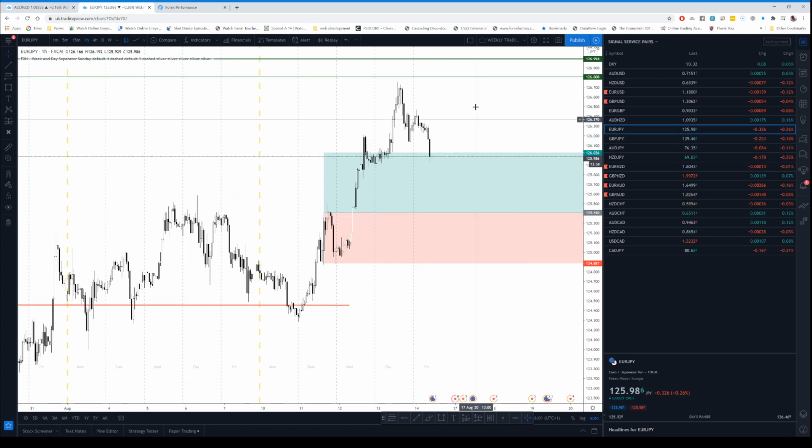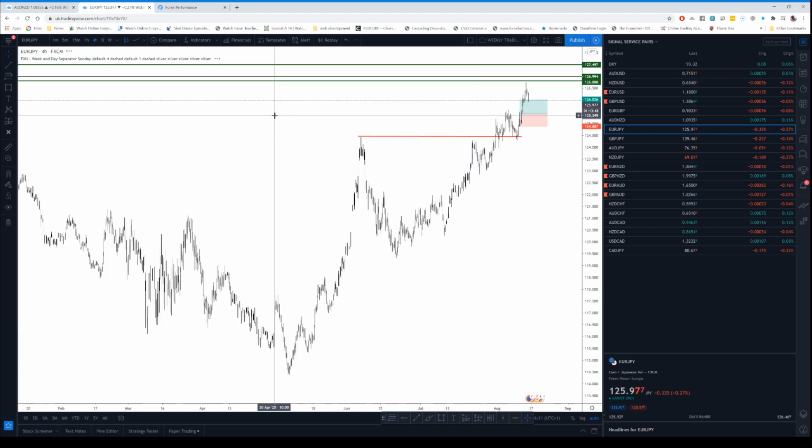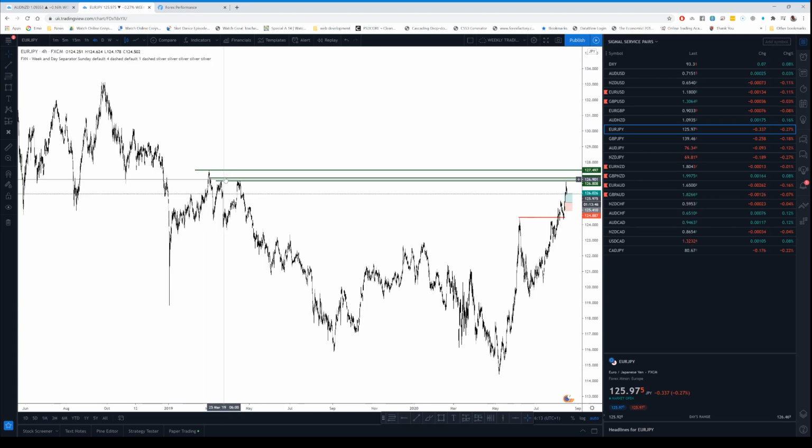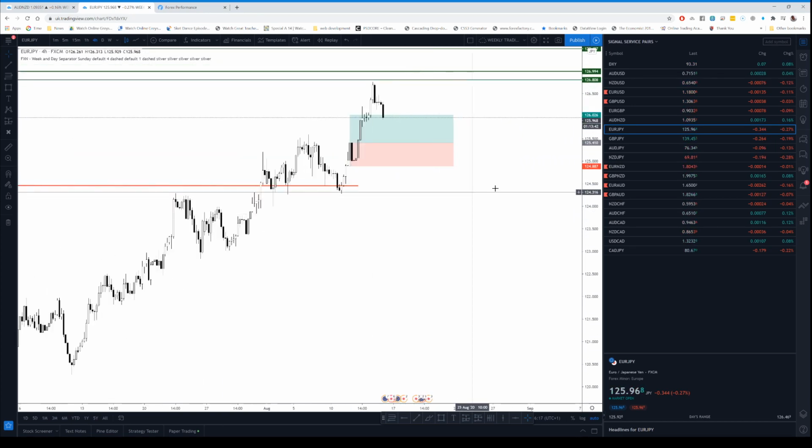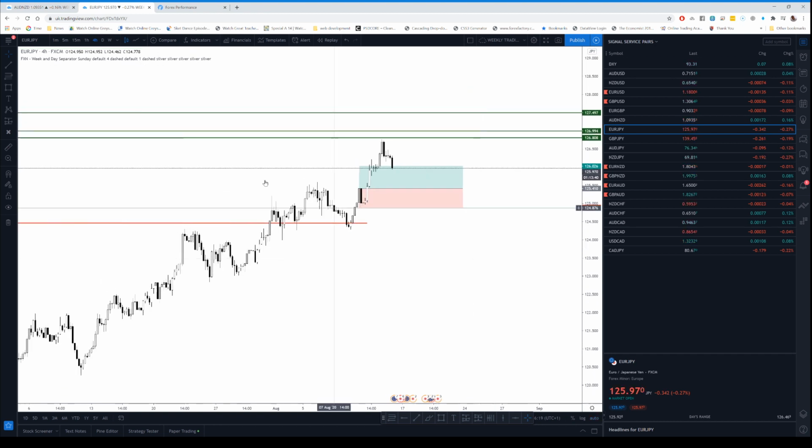UAN, that equal high has been left and price is retracing. So my sense is that they are going to come back and run this equal high, so we have to find a place to take a long.